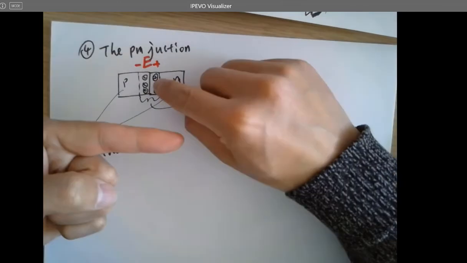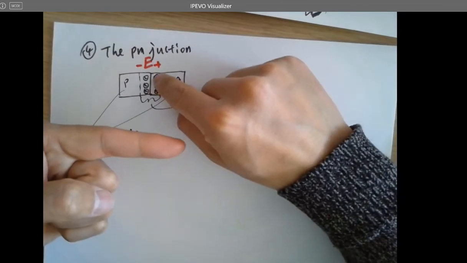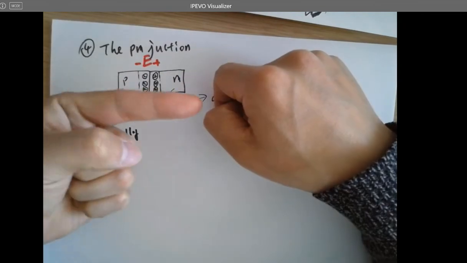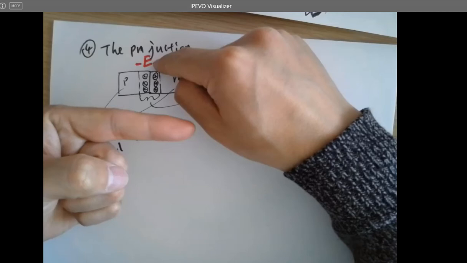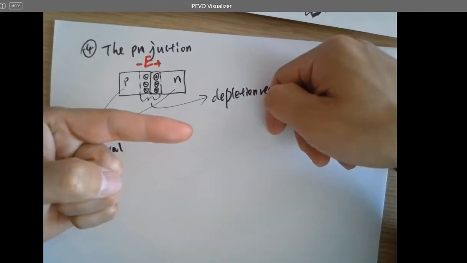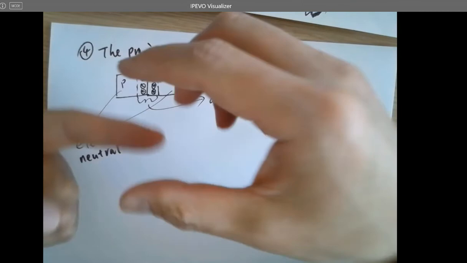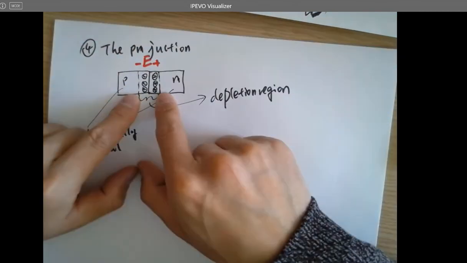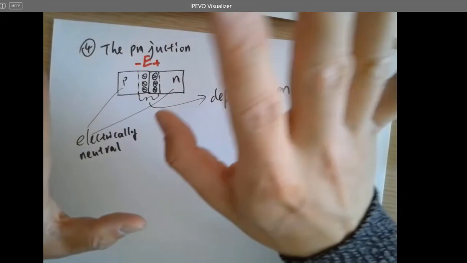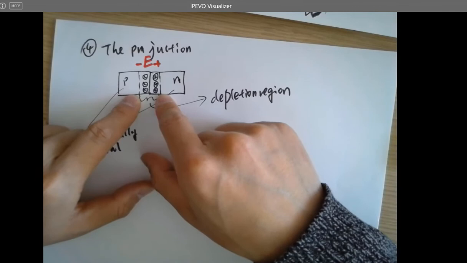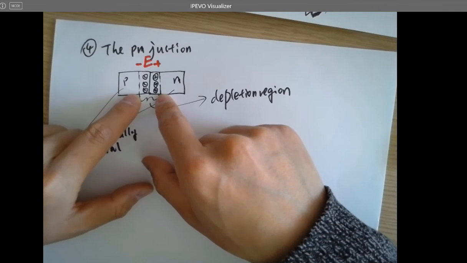However, after it forms an electric field, plus minus like this, the original current is flowing in this direction, and the electric field is against that movement, right? So it's going to push back or slow down that movement. After a few moments, equilibrium will be achieved, and it's going to stop at a specific thickness.